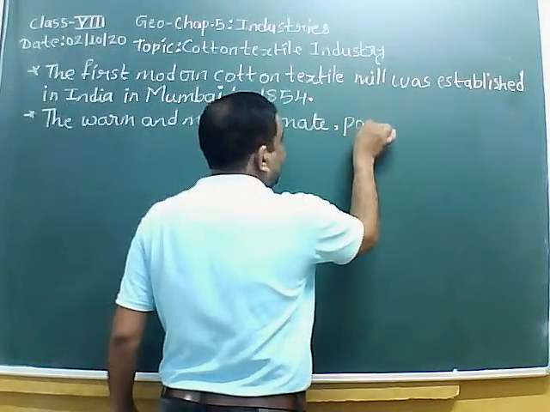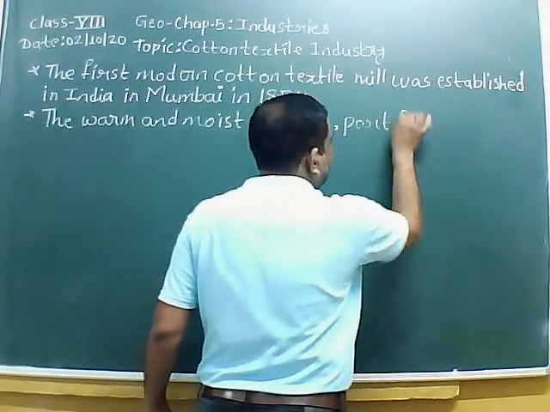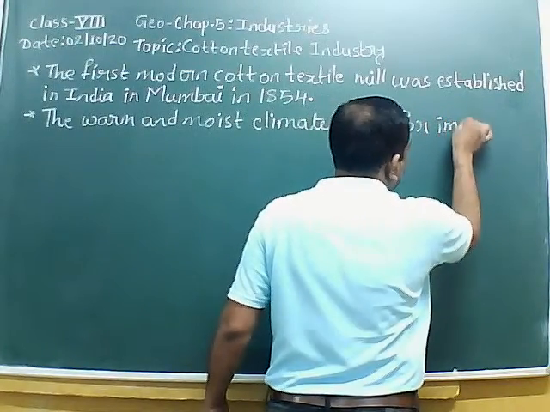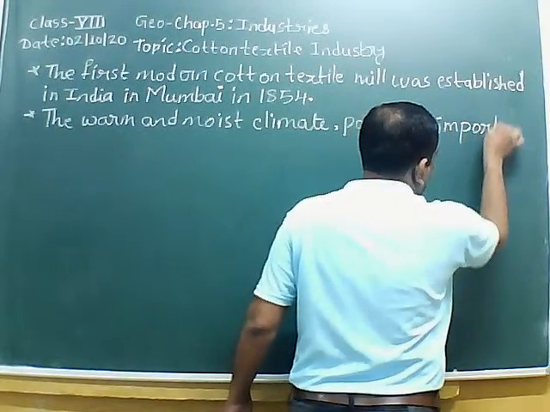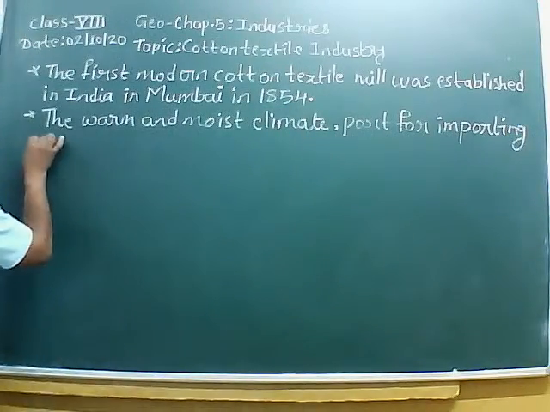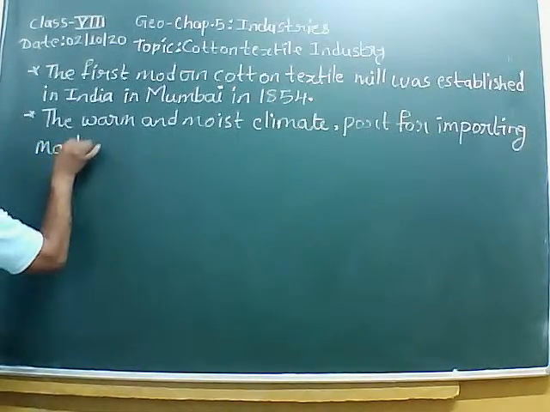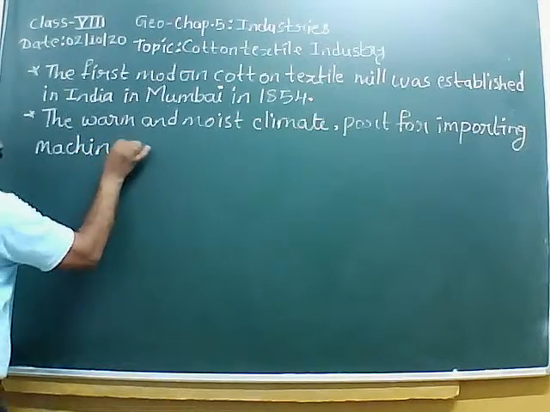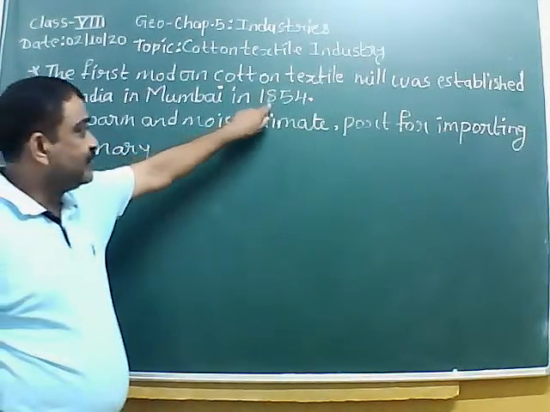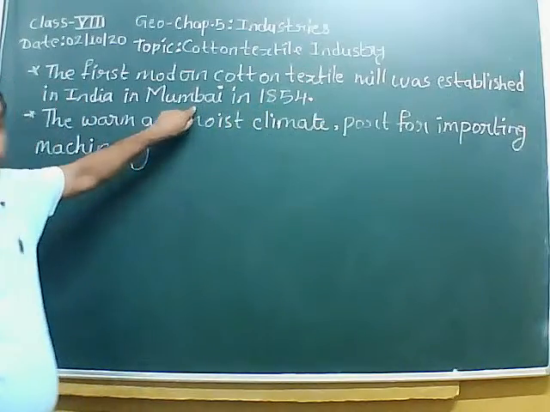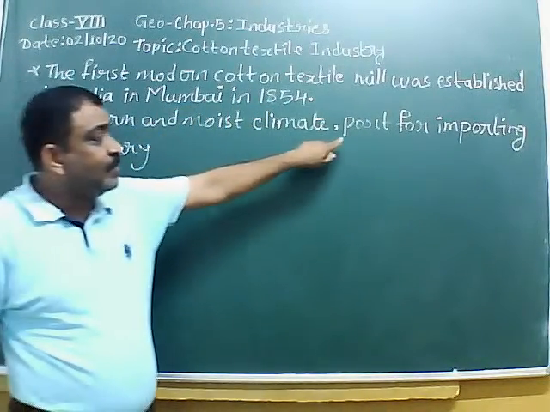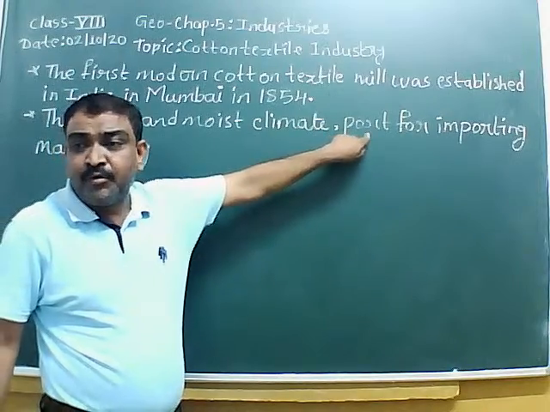port for importing machinery. Now this is the second advantage. At the time when the cotton textile mill was first established in Mumbai in 1854, Mumbai had a well-developed port.